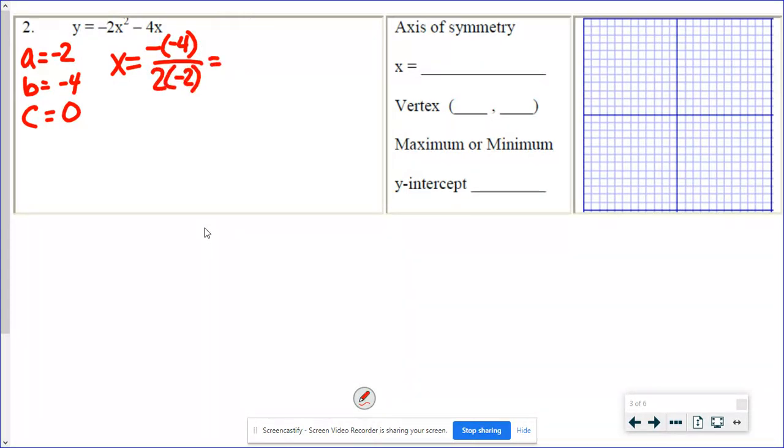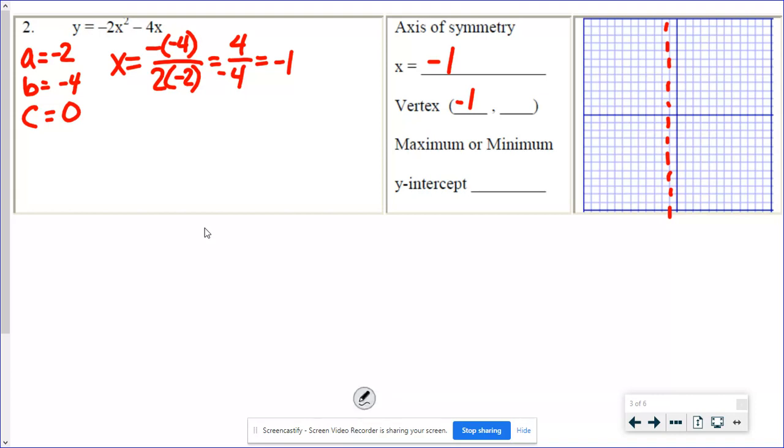So the opposite of negative 4 is 4. Over negative 4 is going to give me negative 1. So I know that my axis of symmetry is negative 1. I know that the x part of my vertex is negative 1. I can have my axis all graphed.